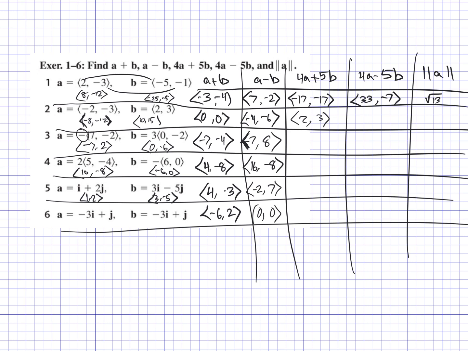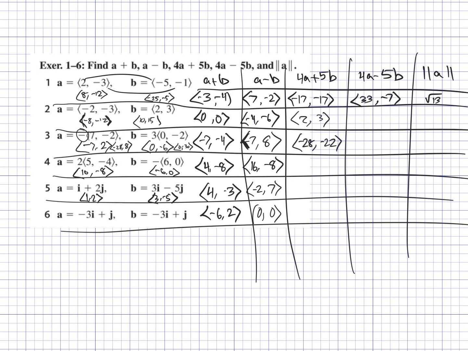And at the bottom, we've got to figure these out. Okay, so number 3, 4a would be negative 28, because you've got to have the negative in there, and 8. And 5b is going to be 0 and negative 30. So add those together, negative 28 and 0 is negative 28. And 8 and negative 30 is negative 22.